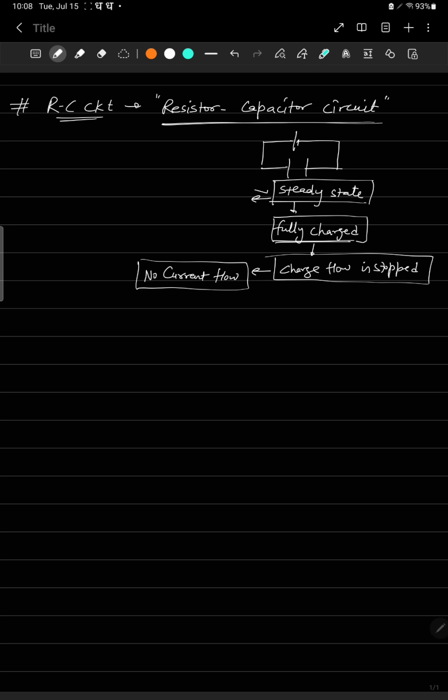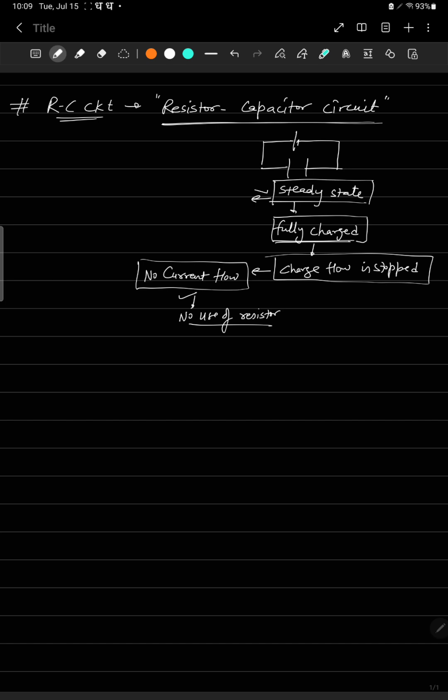But when we talk about a capacitor in a steady state, we don't connect a resistor, because the capacitor is fully charged, there is no current flow, so there is no use of a resistor.